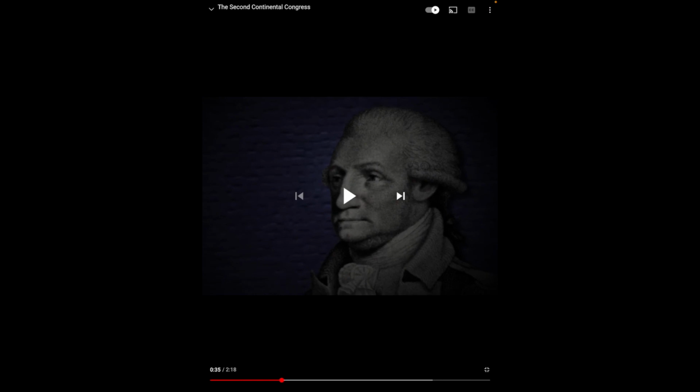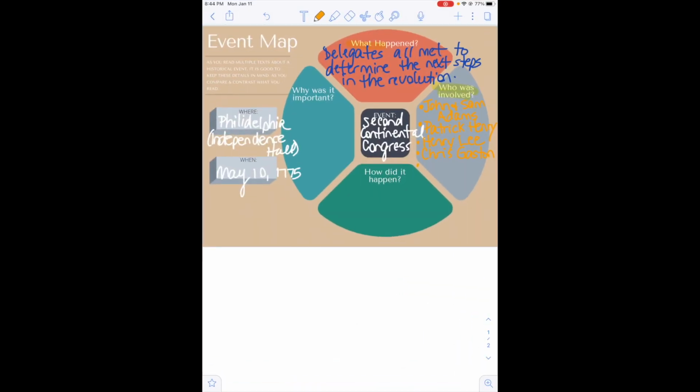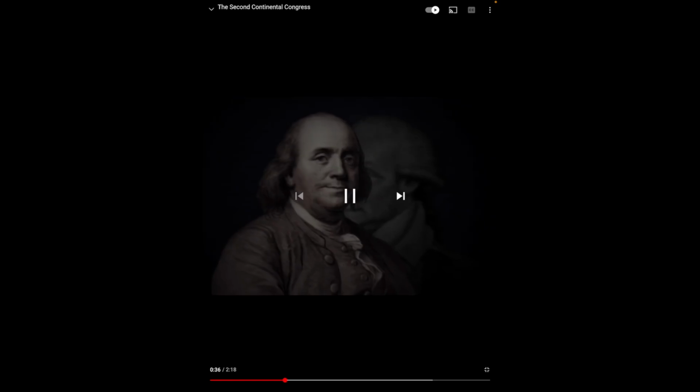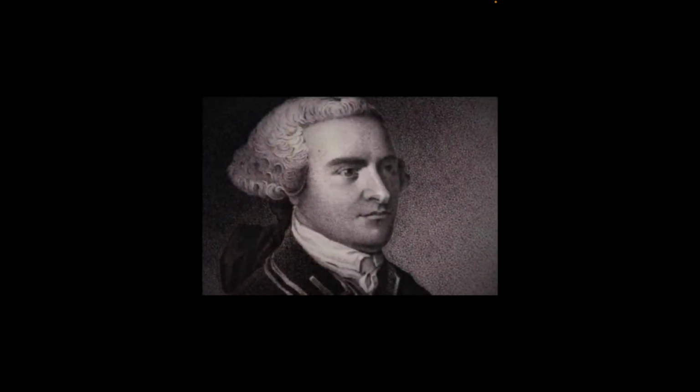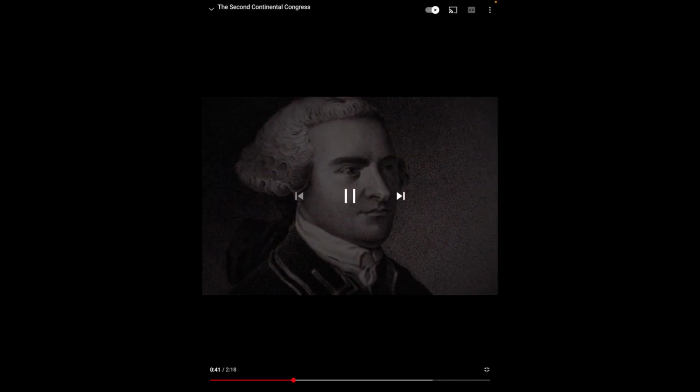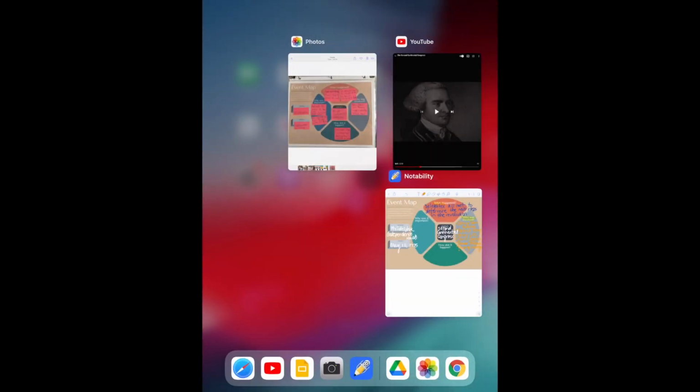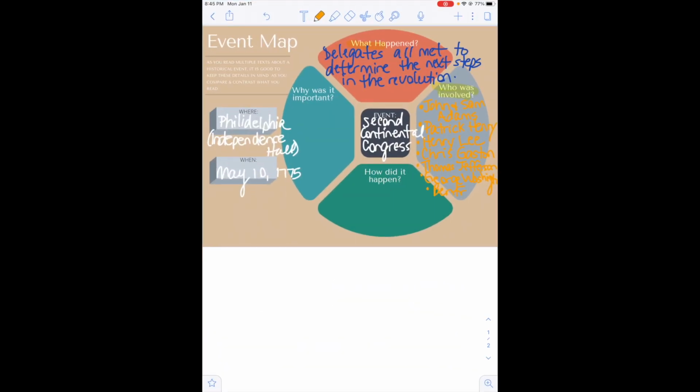Also present were Thomas Jefferson and George Washington. Thomas Jefferson and George Washington. And Benjamin Franklin of Pennsylvania. John Hancock, a powerful patriotic figure. Benjamin Franklin and John Hancock.